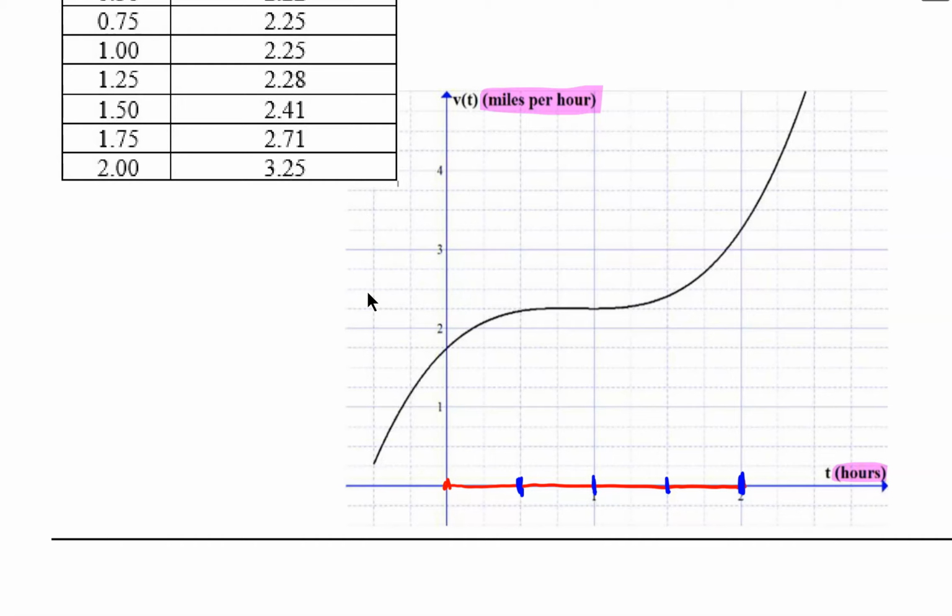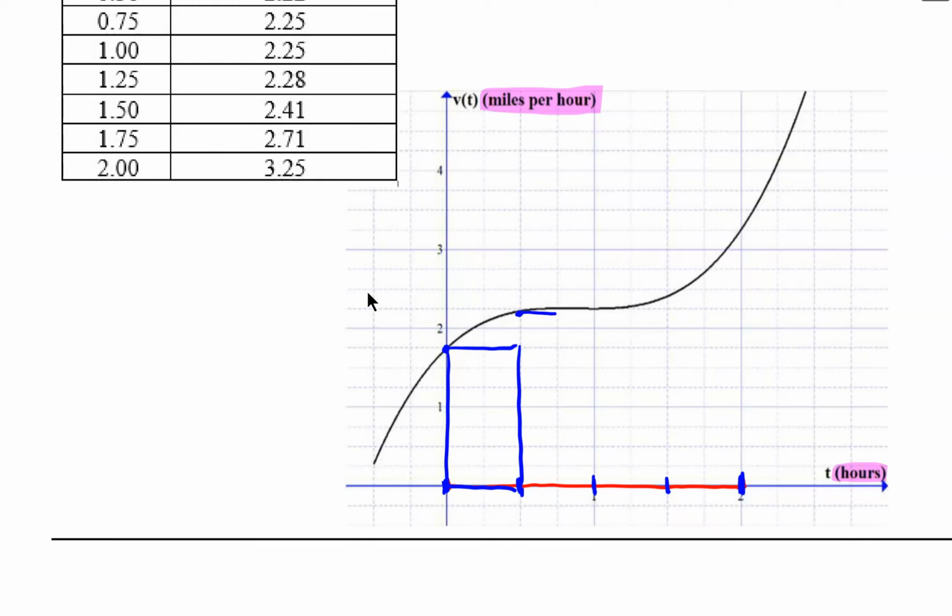So we'll start by considering creating rectangles, and there's a variety of ways we could create a rectangle. But let's go ahead and use the function value at the left endpoint of the interval. So I'm going to have rectangles that look like this.